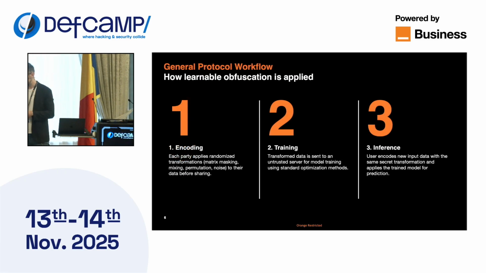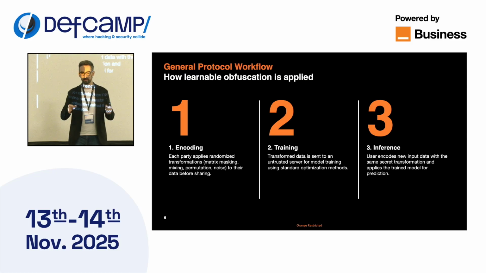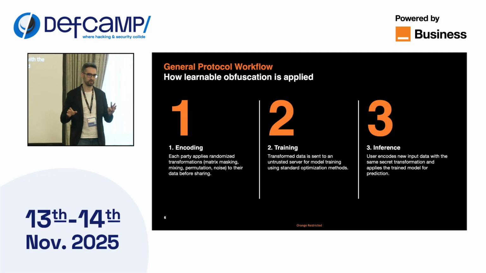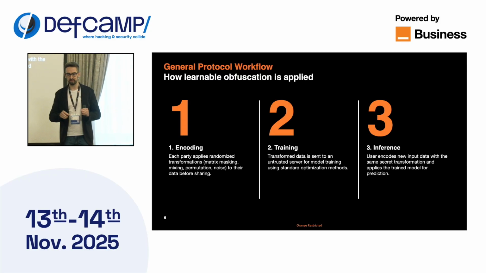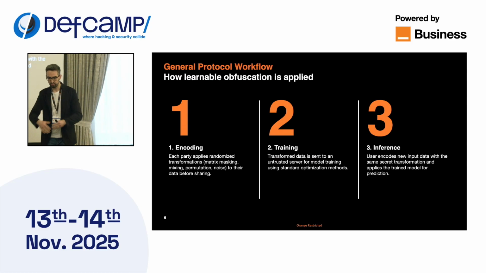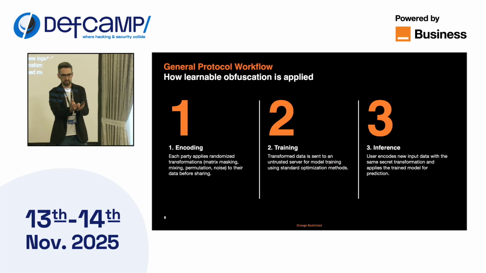So the general protocol workflow is as follows. I have some data, you have some data. We both agree on a particular transformation. Like I said, we both agree that we add to our images a random image. You know that image, I know that image, I add that image to all of my images, you add that image to all of your images, and we put this data together in a single server, so to say, in a single place.